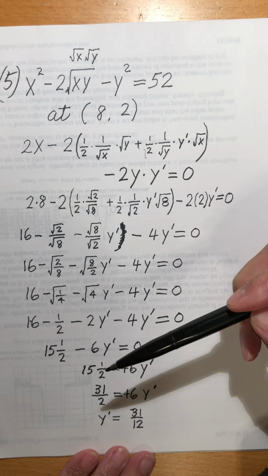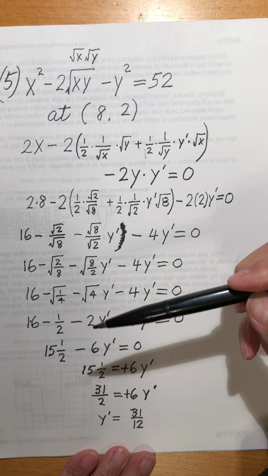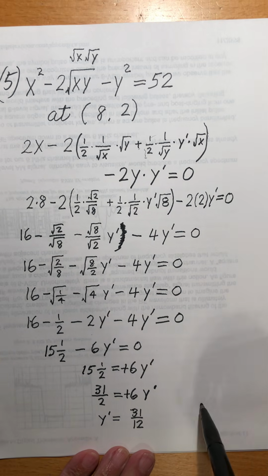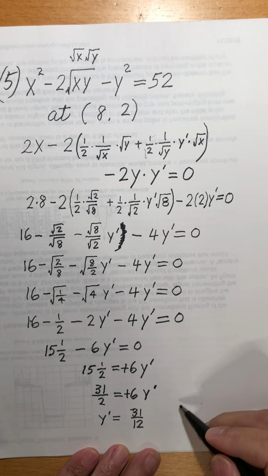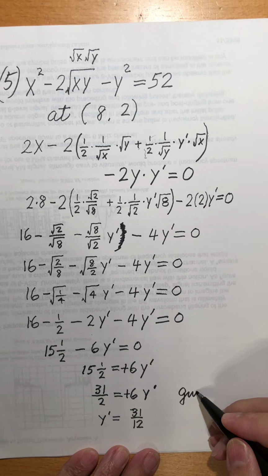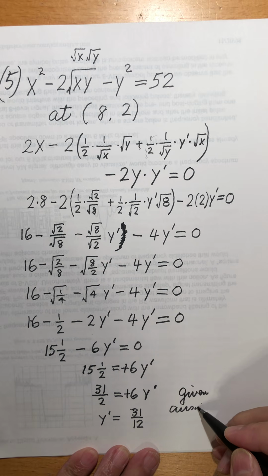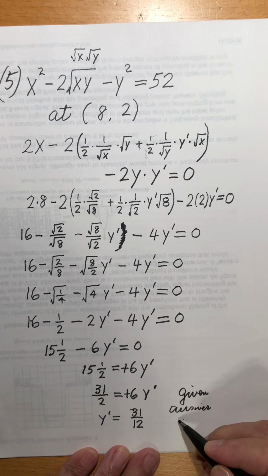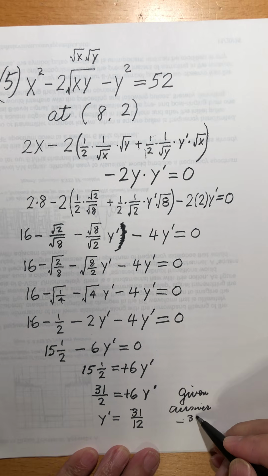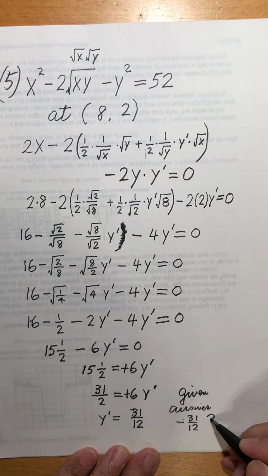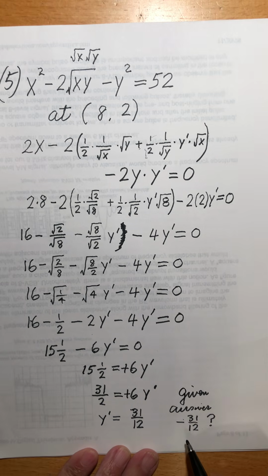Okay. So it seems that the given answer, negative 31 over 12, let me put a question mark here. Maybe this is wrong.